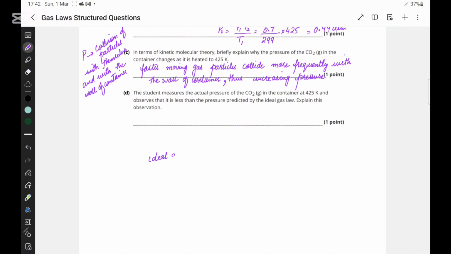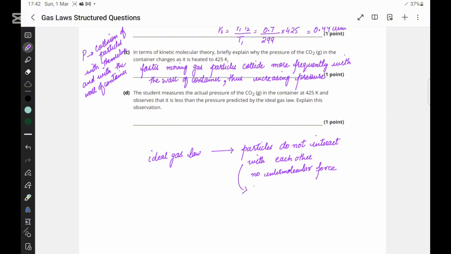First of all, according to the ideal gas law, one thing is clear: particles do not interact with each other, and there is no intermolecular force. So when they are not interacting with each other, that means they have higher pressure.